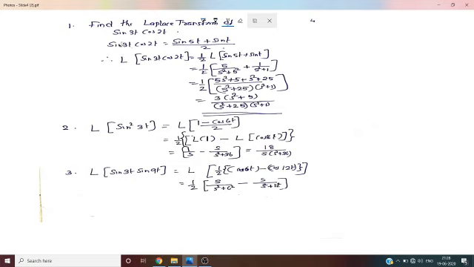Then from that formula we can write sin a cos b equal to sin(a+b) plus sin(a-b) divided by 2.